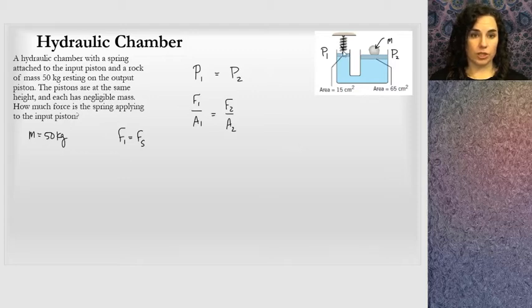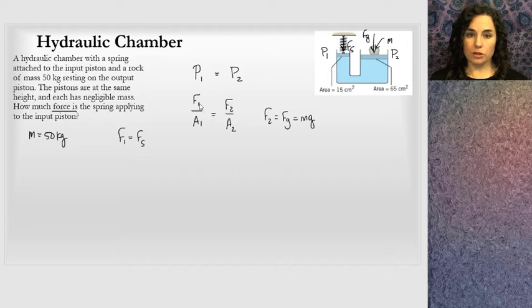The spring is pushing down, F spring, and the fluid transmits the force of that spring over here. It balances out because there's no motion. It balances out the weight, the force of gravity on this mass. So over here, F2 will equal the force of gravity on the mass, which is mg.